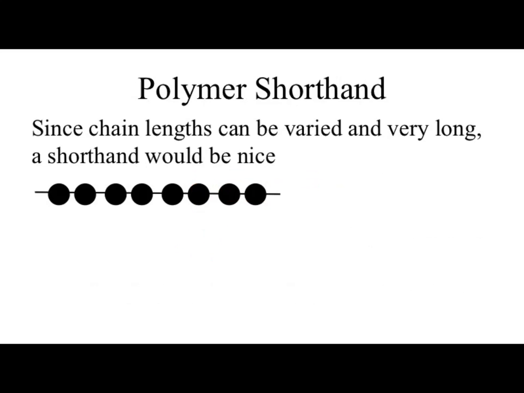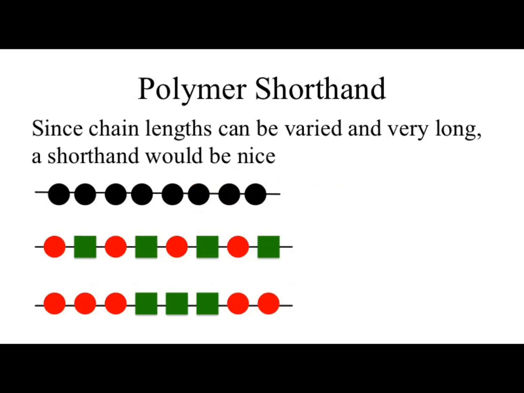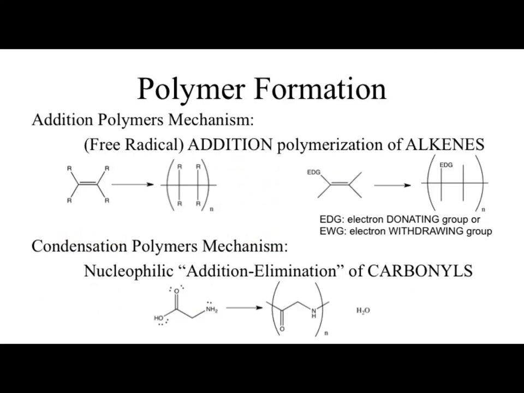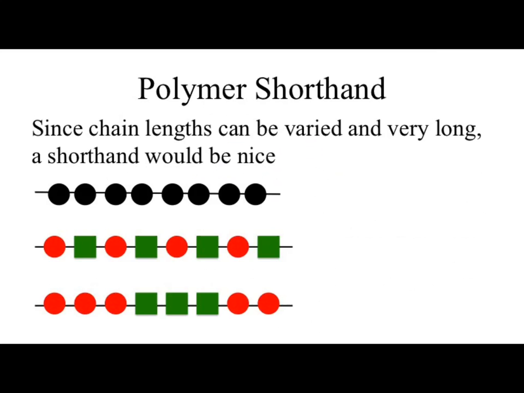Shorthand, because our polymers can be a whole bunch of different lengths, we want to come up with a different shorthand. Because typically when we look at polymers, we're looking at 500 at a minimum monomer units in it. So to draw out 500 repeating units is a bit tedious. So instead, we go through and we look at our monomers. Sorry, again, I haven't looked at it. And we come up with our shorthand.